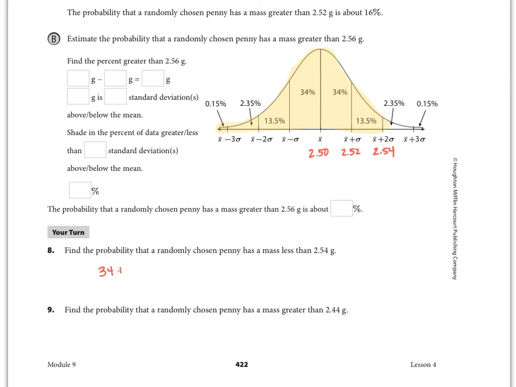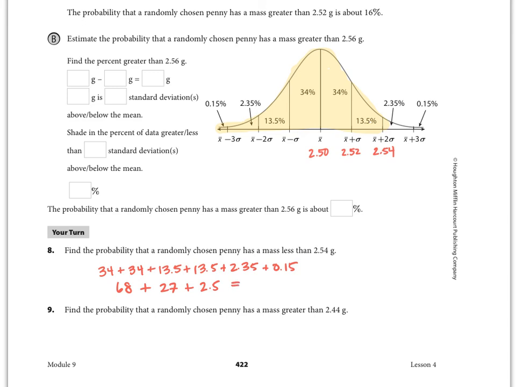Let's do this in sort of a logical order here. I got 34 plus 34, and I'm adding 13.5, and then another 13.5, 2.35, and 0.15. These are all percentages, so I got 68, and then 27, and 2.5.